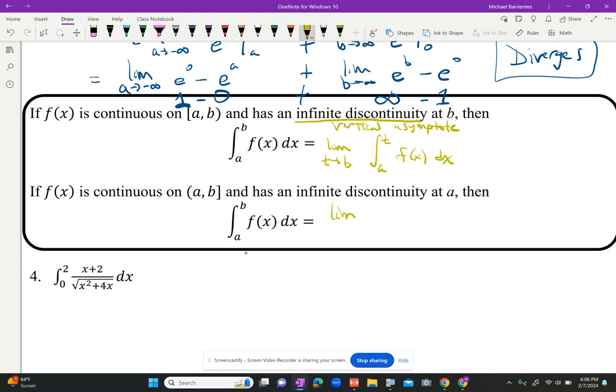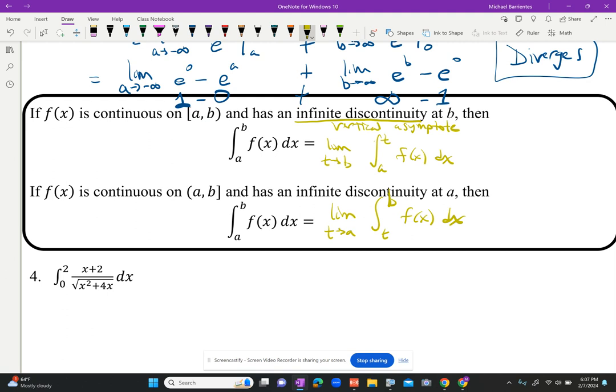And then the same thing over here, we're going to take the limit as t approaches a from t to b of f of x dx. We're using the limit to deal with the infinite behavior that's occurring, either because I'm talking about the end behavior on the x-axis or because there's a vertical asymptote at a specific point.